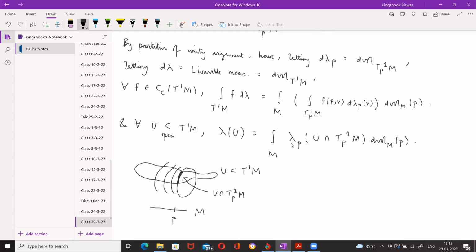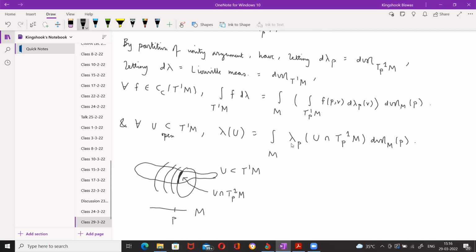We proved this for a function with a small support in a small neighborhood where we could have a nice chart. But then for a general function, you just use a partition of unity, a standard argument.